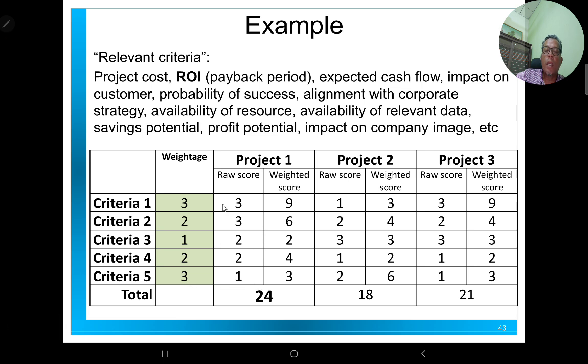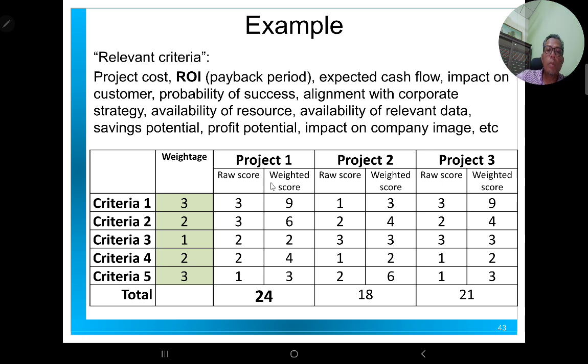By multiplying the score with the weightage, you get the weighted score. So for criteria 1, project 1, you get 9. Criteria 2 for project 1, you get 6 based on the score and the weightage, and so on. The total weighted score sums up to 24 for project 1.